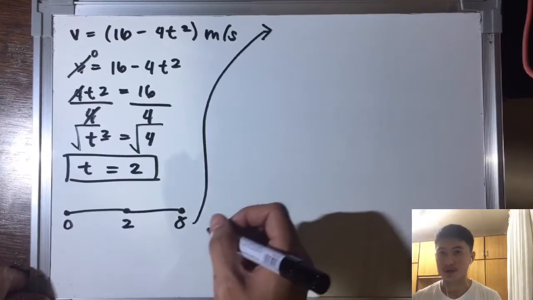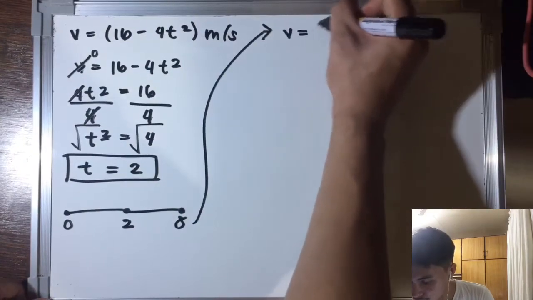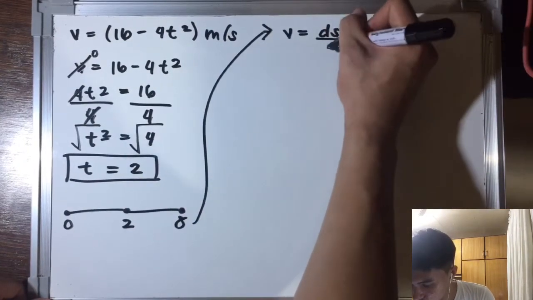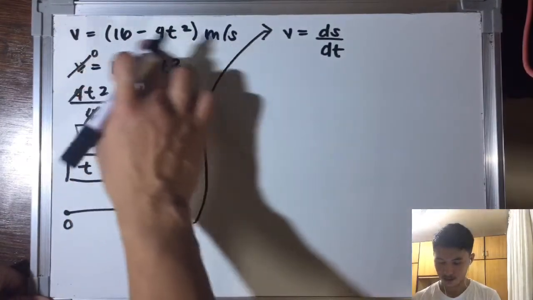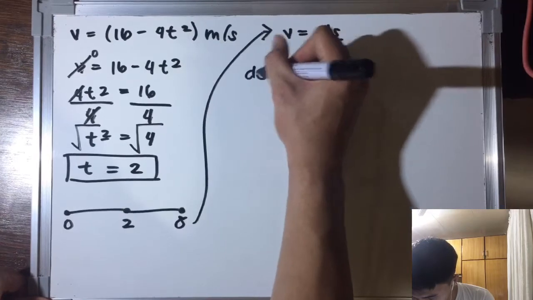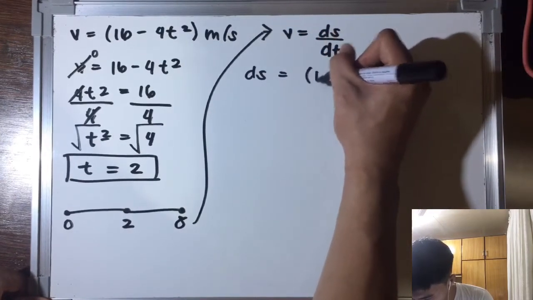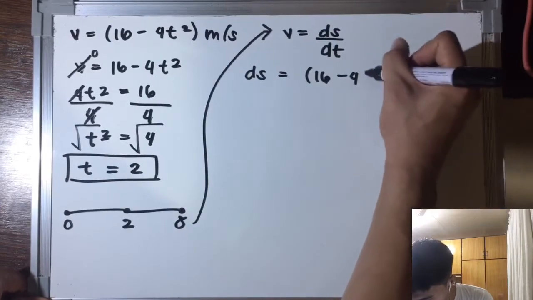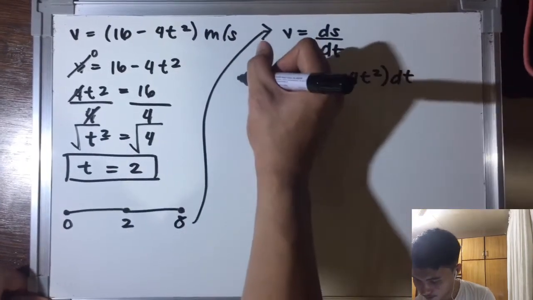Again, to solve for position, the formula for that is v = ds over dt. The given value here is our velocity. Cross multiply, ds is equal to the value of velocity, which is 16 minus 4t squared, multiplied by dt.